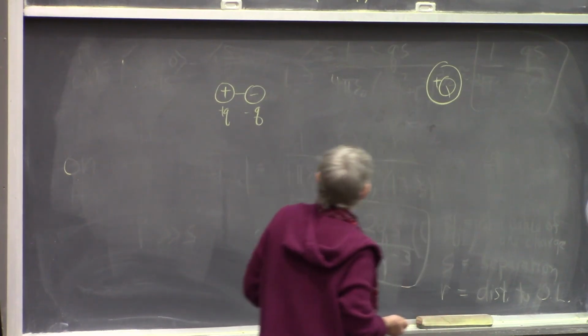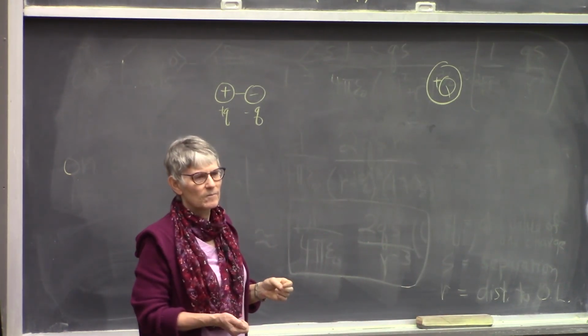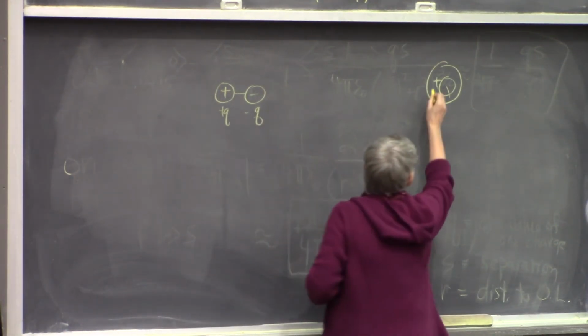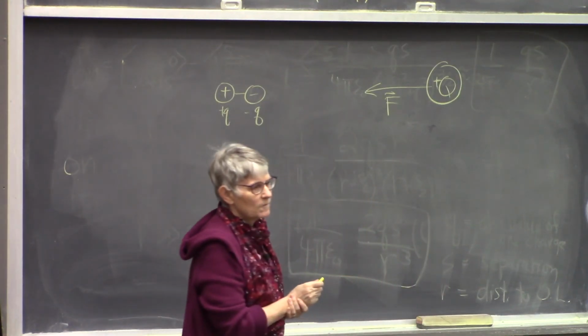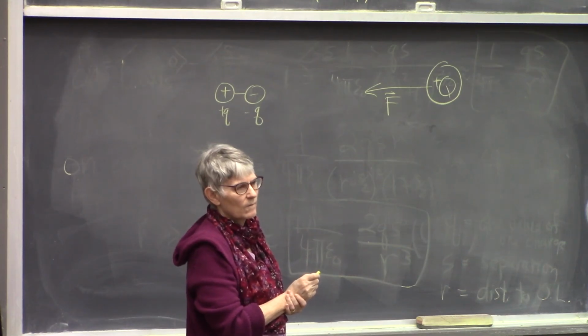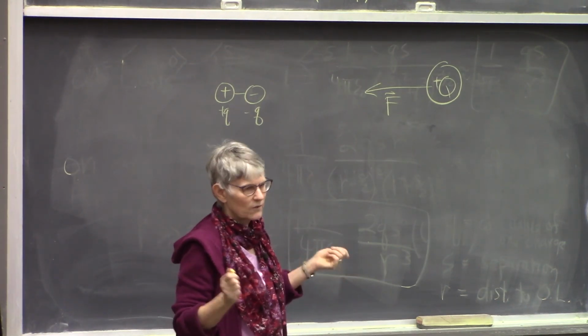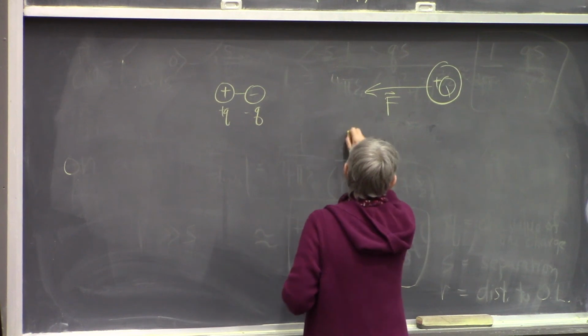First of all, what direction is it going to be? Okay, so F. How would we calculate it? The charge times the electric field of the dipole, so F equals QE.